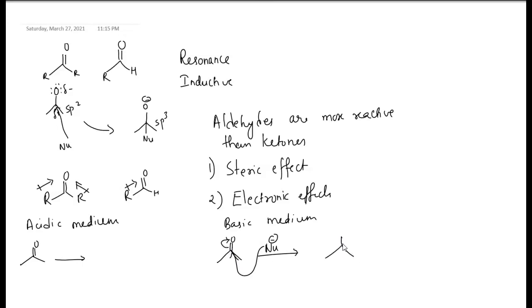You get a tetrahedral intermediate with a negative charge on the oxygen in this manner. Then in the next step, the tetrahedral intermediate is protonated upon treatment with a mild proton source, like in this case I have water here. This can grab the proton and we end up with the formation of the final product. So this is a basic medium.